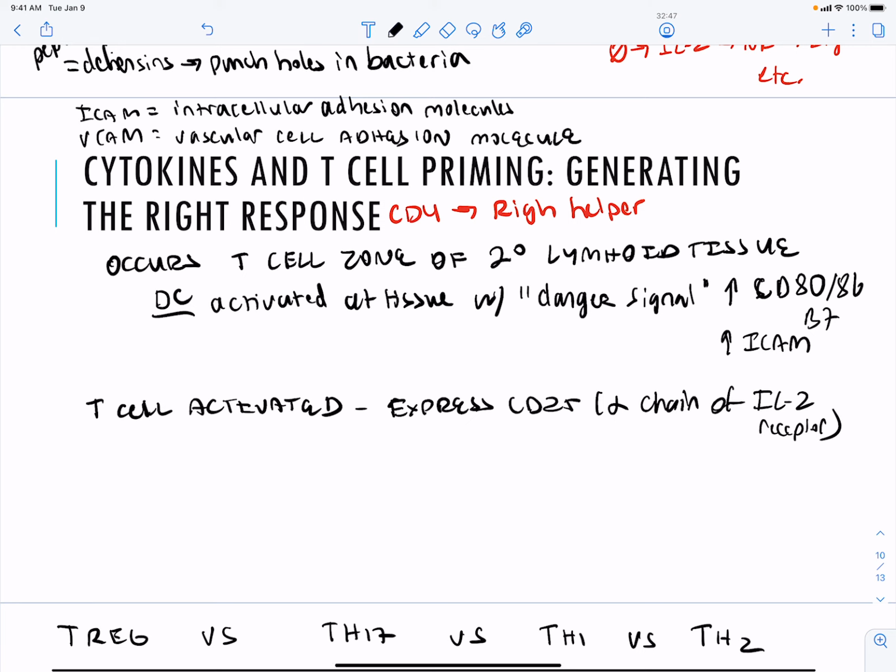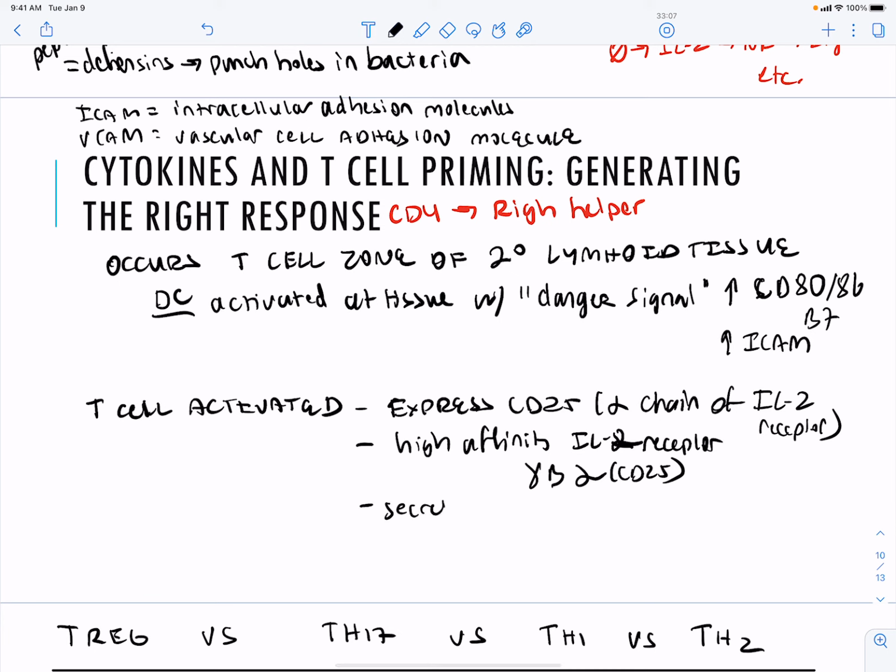And so it's going to have the high affinity IL-2 receptor, which includes gamma, beta, and alpha. And alpha, again, is CD25. You might see CD25. It's going to start secreting IL-2.